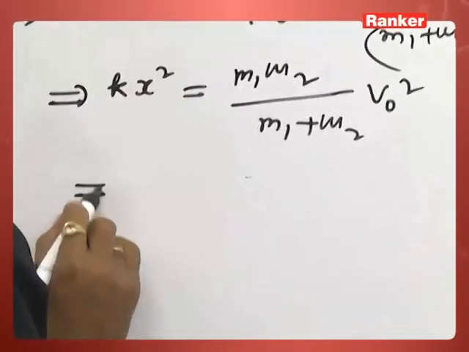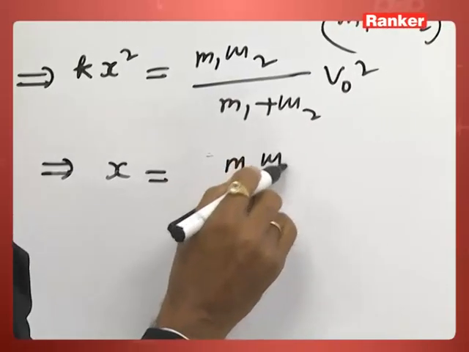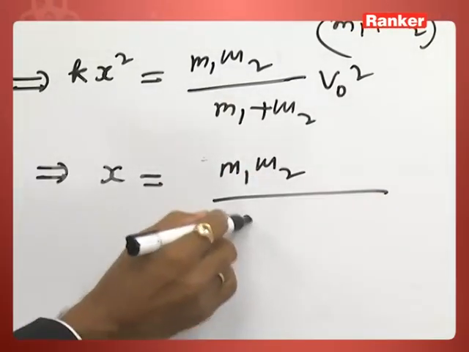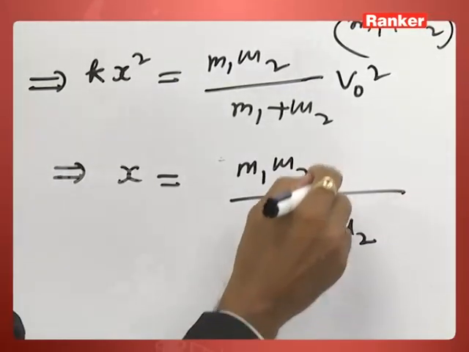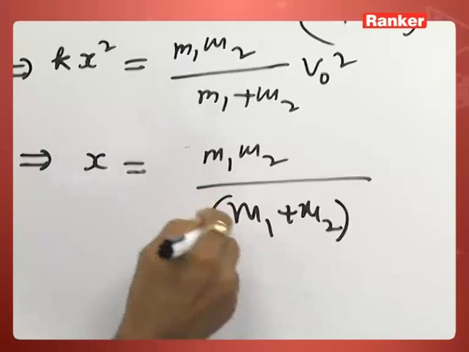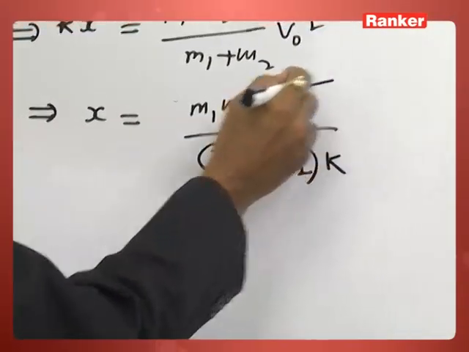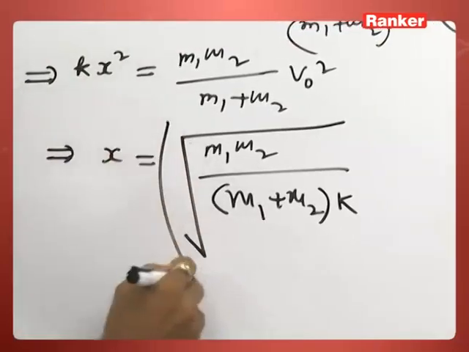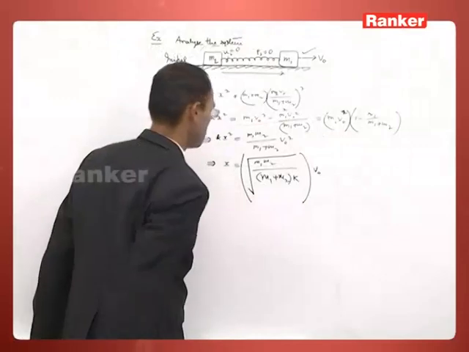The elongation of the spring is equal to square root of m1 m2 by m1 plus m2 by k, into square root of v naught square, which will give v naught.